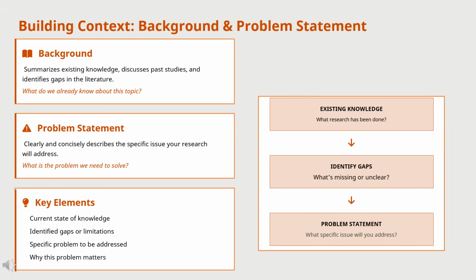Then identify the gaps, that's limitation from works that have been conducted, what are the missing or information that are unclear, that is, what is unknown. Then the problem statement will now be specific. What specific issue will you address? So that should be the problem that your research aim to address.